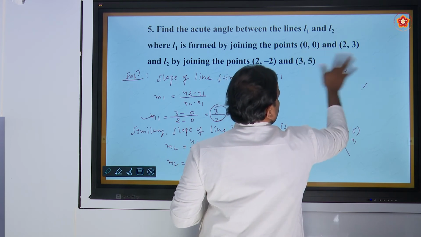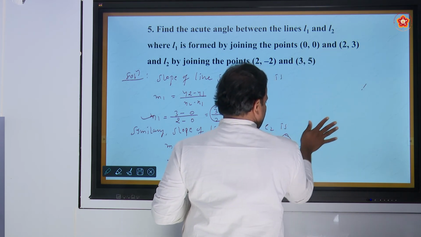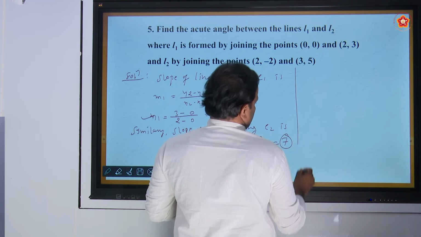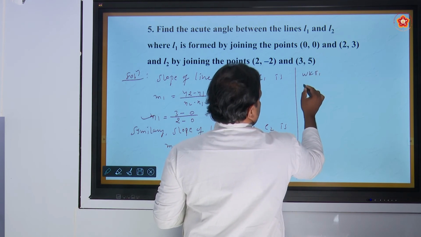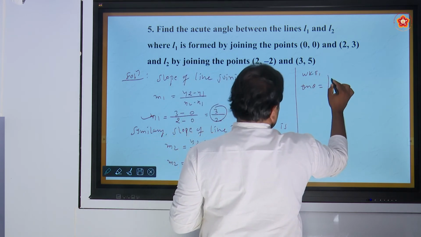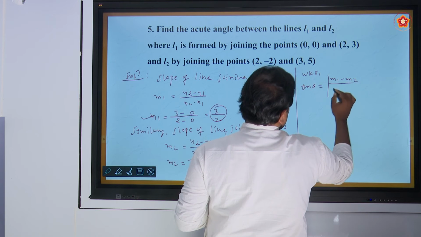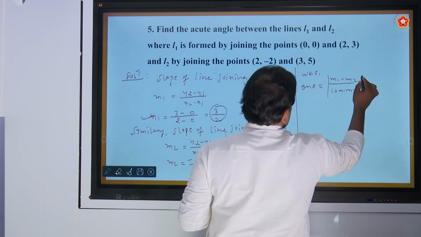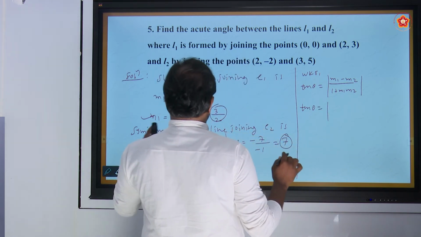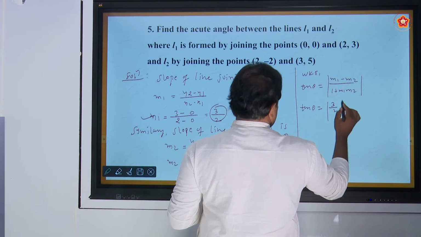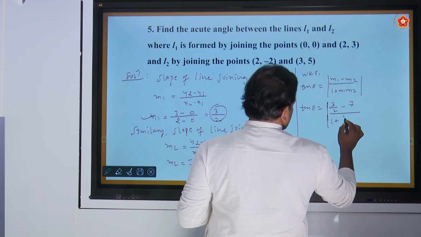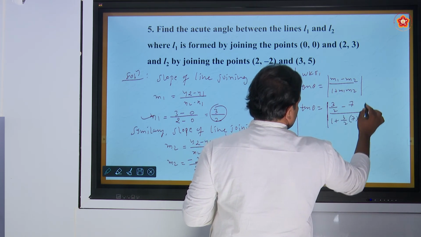If we know M1 and M2, we know that the angle between the two lines, tan theta, is equal to mod of M1 minus M2 divided by 1 plus M1 into M2. So tan theta is equal to mod of, what is M1 here? M1 is 3 by 2 minus M2 which is 7, divided by 1 plus M1 which is 3 by 2 times M2 which is 7.